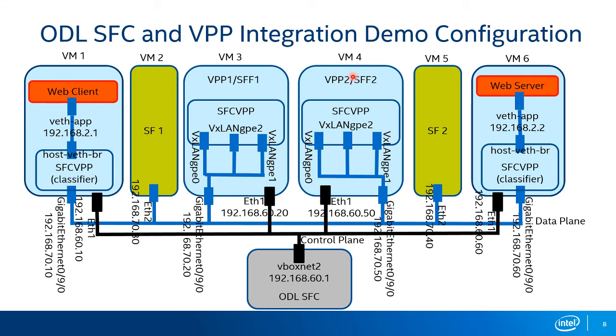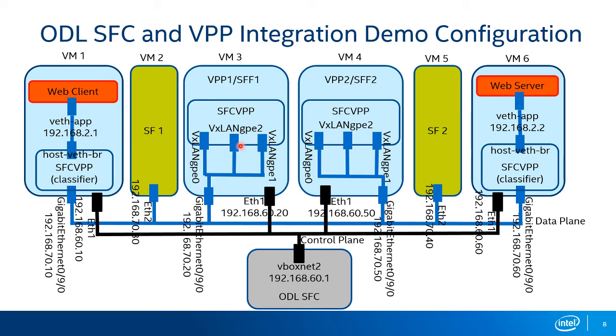VM3 and VM4 are service function forwarders. The service function forwarder has 3 VxLAN-gpe interfaces. They correspond to the classifier, service function, and the next service function forwarder, respectively. All the interfaces are attached to bridge domain SFC VPP.